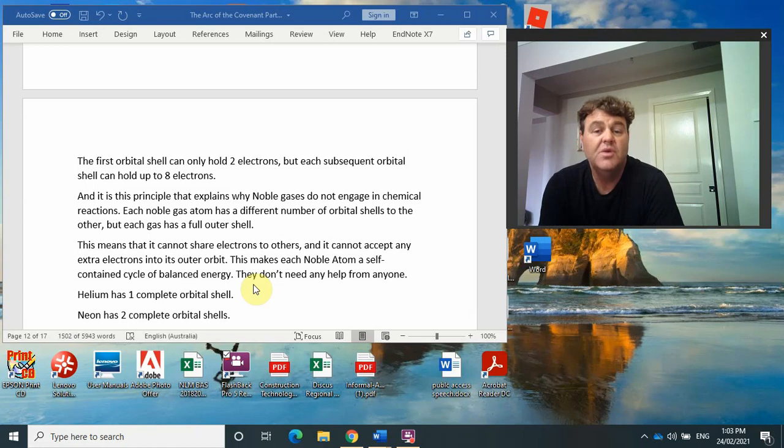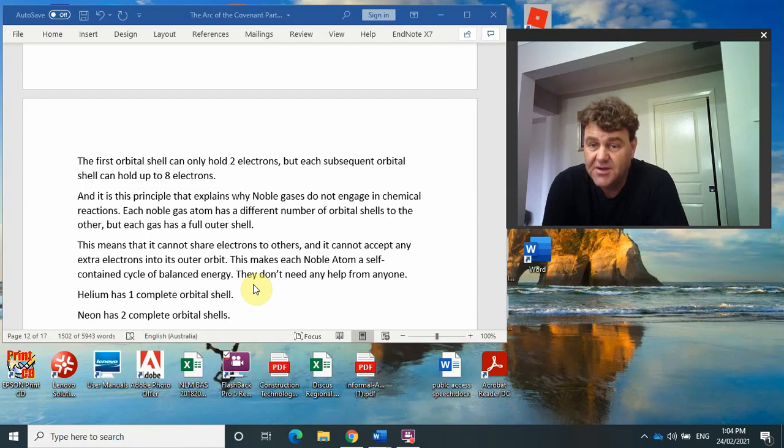Each atom of a noble gas has a different number of orbital shells to another noble gas atom, but every noble gas atom has a full and complete outer shell, fully stacked. This means that it cannot share electrons with other atoms, and it cannot accept any extra electrons into its outer orbit from other atoms.